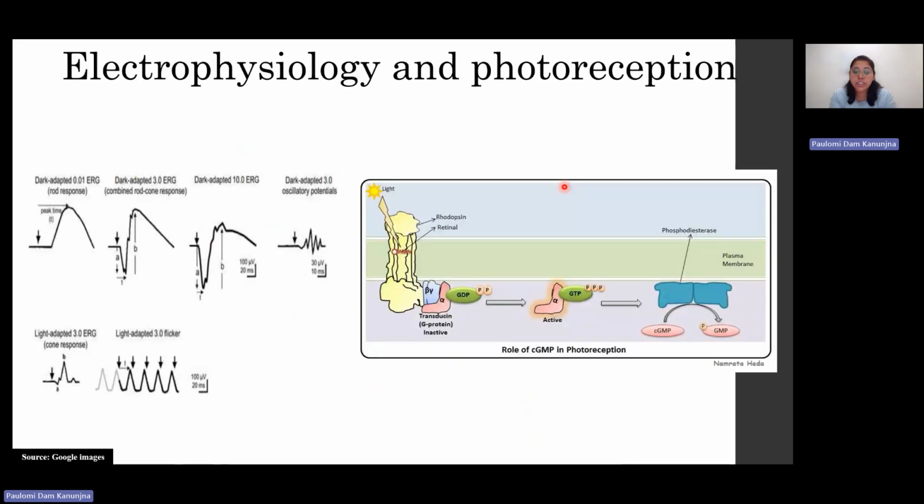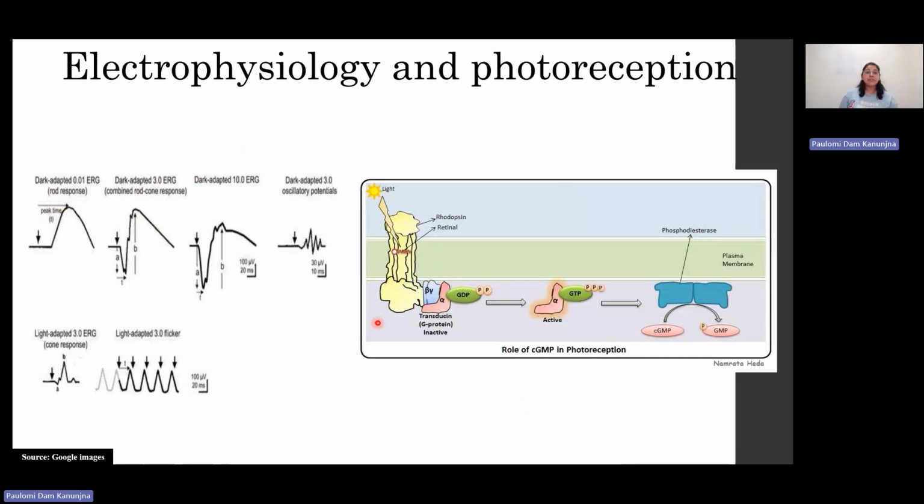So coming to electrophysiology and photoreception. When you talk about electrophysiology, you're basically talking about the electrical activity of the retina and how it is taking place. Remember we talked about resting potential here, and this is not the usual condition. In the dark phase only, you have this threshold reached, and then suddenly you have light coming and you start having these waves formation, right?